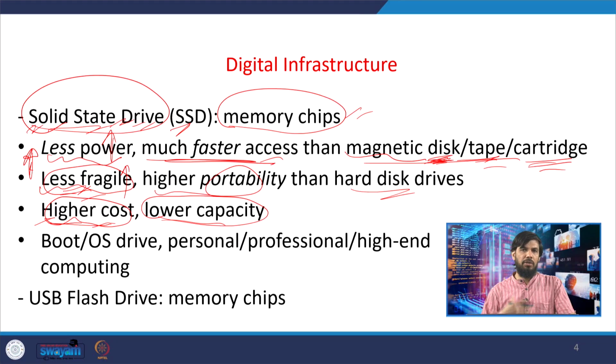Though production technologies continue to improve, so in future it might happen that SSD also becomes quite cheaper, because it becomes the preferred secondary storage media, and therefore there would be economies of scale from the increase in production scale, and technology also improving.